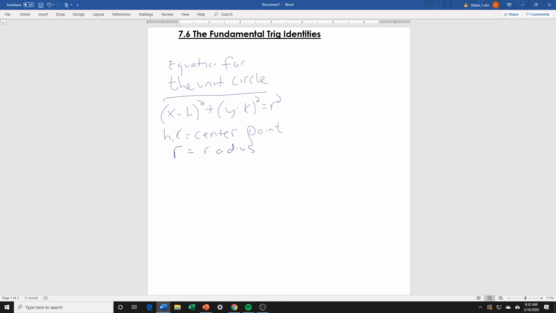Well, the unit circle is a circle that's centered at 0, 0, and it's got a radius of 1.